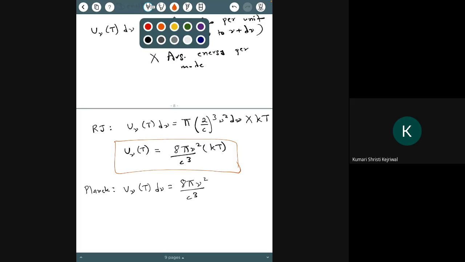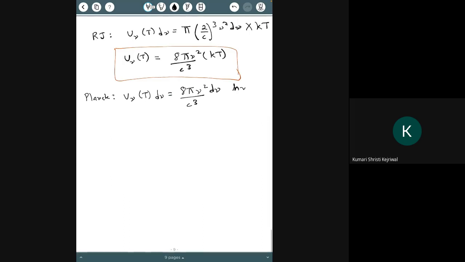So we want the expression for the spectral energy density. Okay, so that is just the function u nu T. And this one is d nu. This is again the same quantity as before, and I multiply with h nu by e to the power h nu by kT minus 1, and that gives me u nu T d nu as 8 pi nu cube.